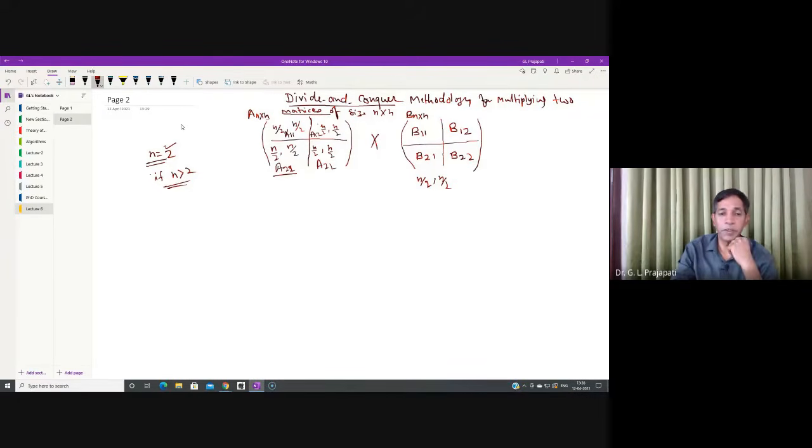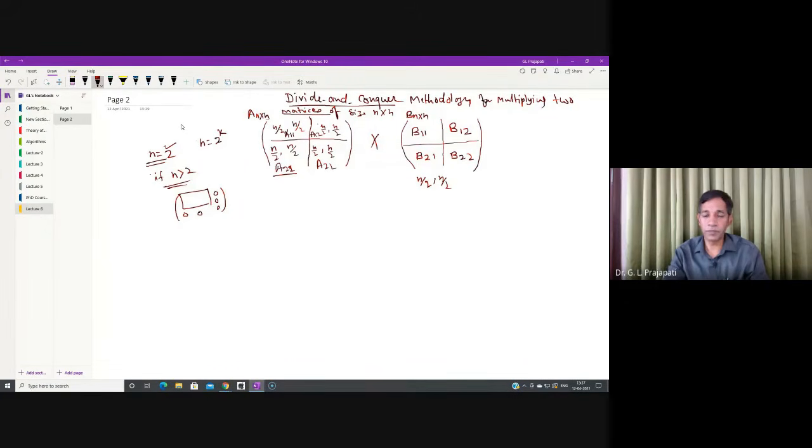Now you may have a question: if n is not divisible by 2, then how can you divide? First consider the dimension n and see whether n can be expressed as a power of 2 or not. If not, then you can add sufficient rows and columns of zeros to make the dimension expressible as 2 raised to the power k.